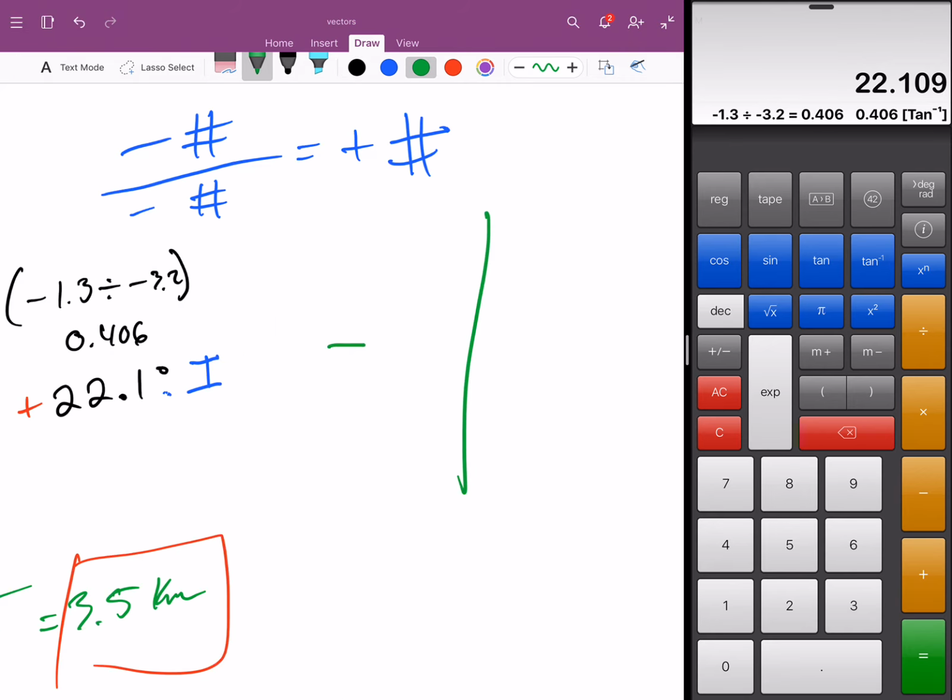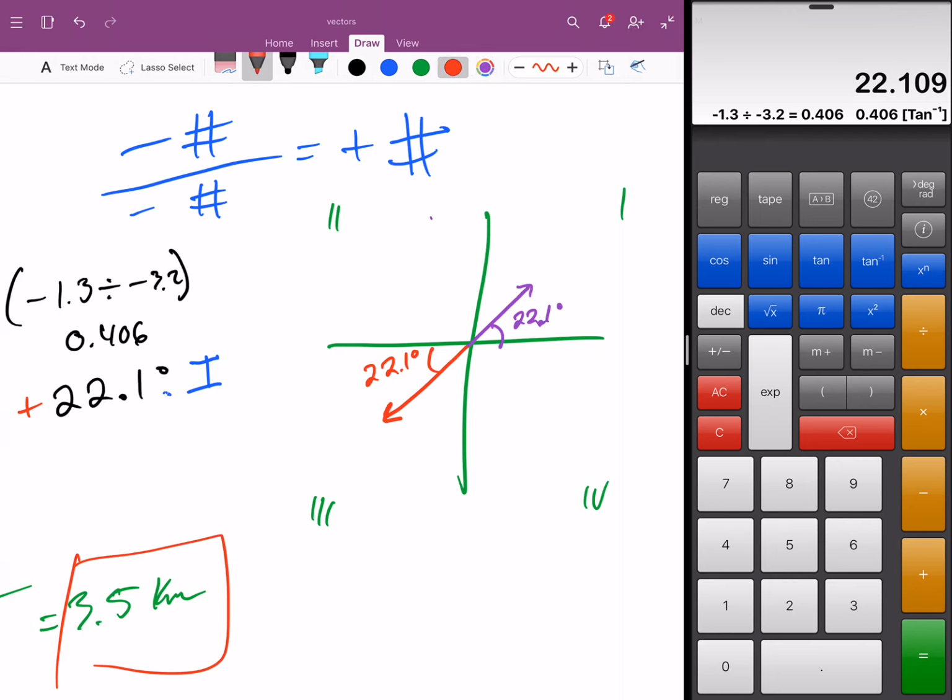So let's draw all 4 quadrants. 1, 2, 3, and 4. I'm being told I'm in quadrant 3 with an angle of 22.1 degrees. Now this is assuming the same process. If this was in quadrant 1, it would be 22.1 degrees.